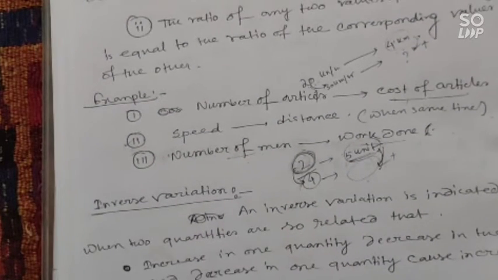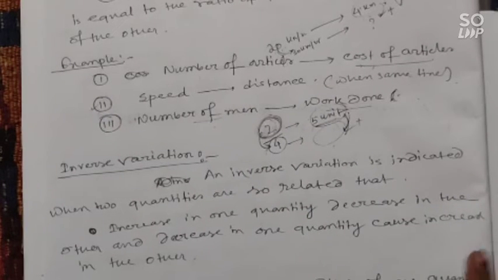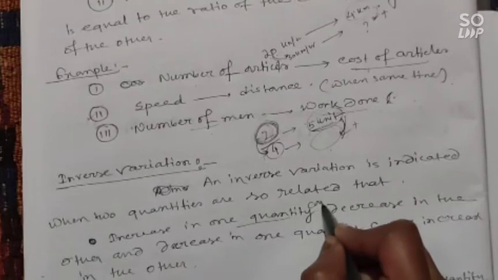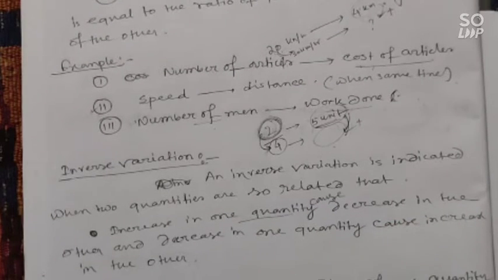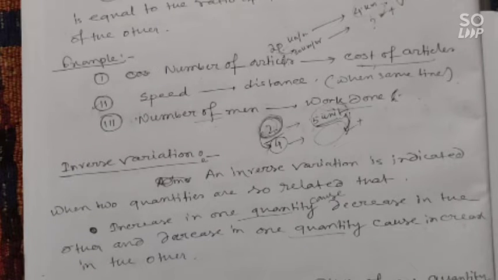Now let's come to the inverse variation. The inverse variation is just the opposite of direct variation, and inverse variation is indicated when two quantities are so related that increase in one quantity causes decrease in the other, and decrease in one quantity causes increase in the other.